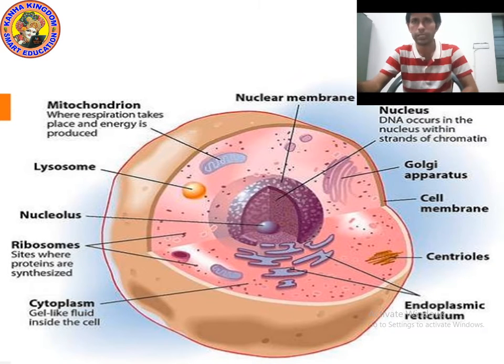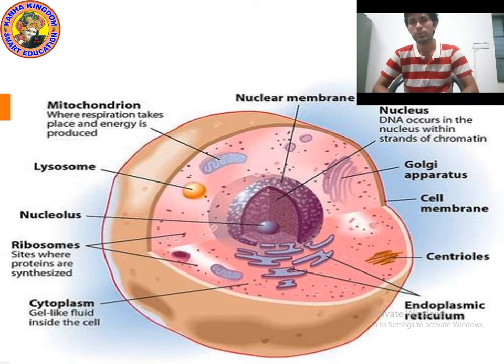Cytoplasm is a gel-like fluid inside the cell, in which all the different parts of the cell float. Ribosome, can you see the ribosome?